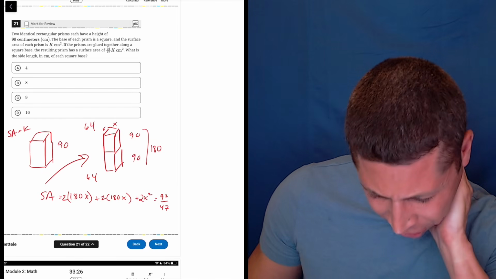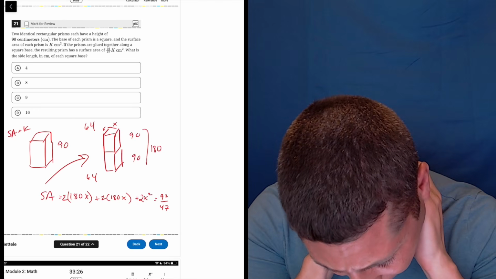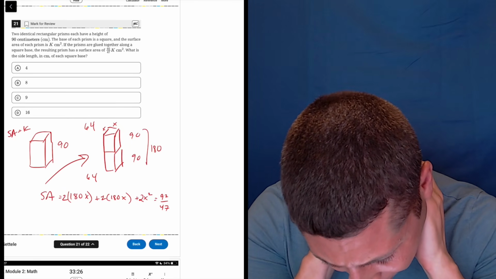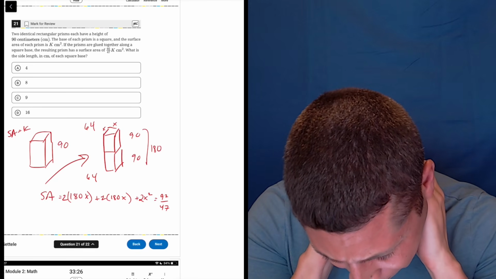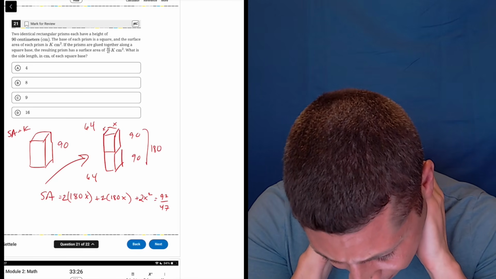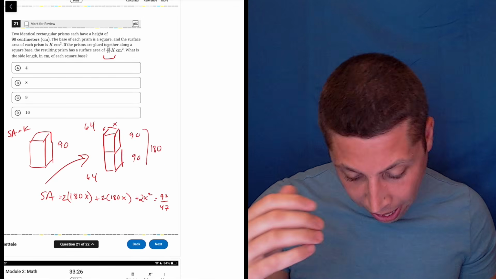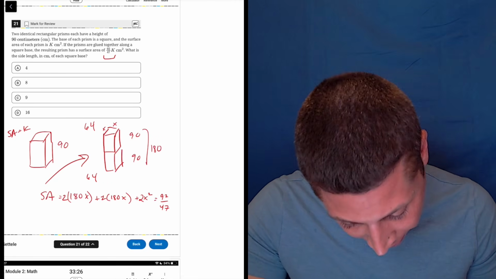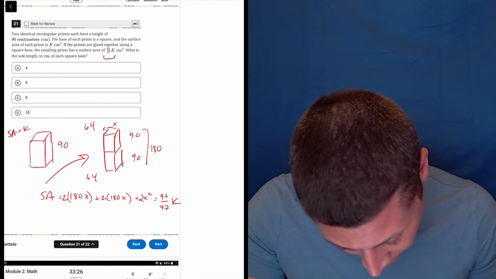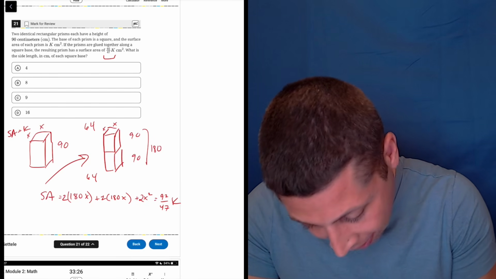Why is there a fraction? What am I missing here? What is the side length? How is that a surface area of a fraction? Centimeters, a square, and the surface area of each prism is k. Oh my God, 92/47 is k. Oh, shoot, that was a big omission there. Darn it, I'm going to run out of time. Okay. So the surface area of this, oh, shoot, now I understand it.